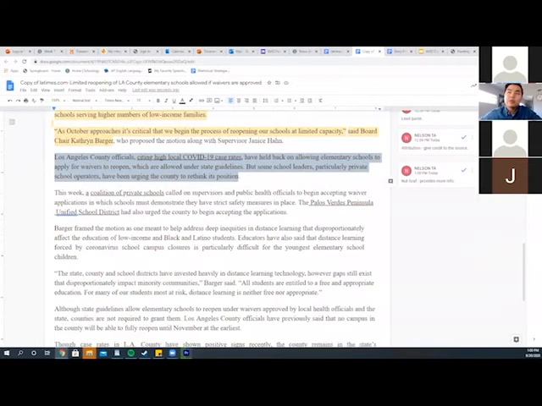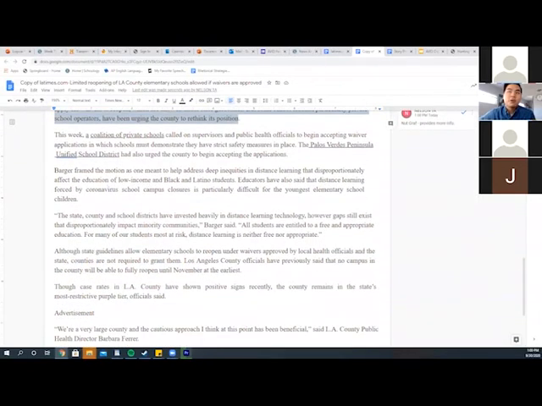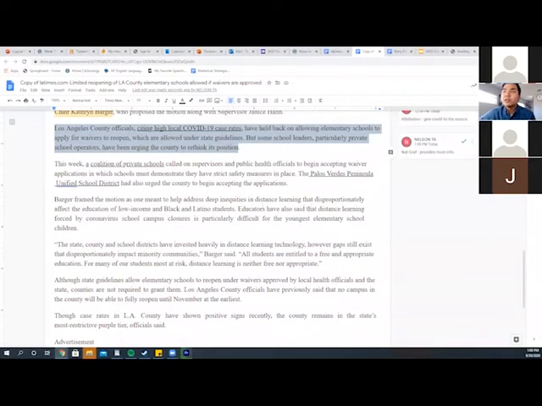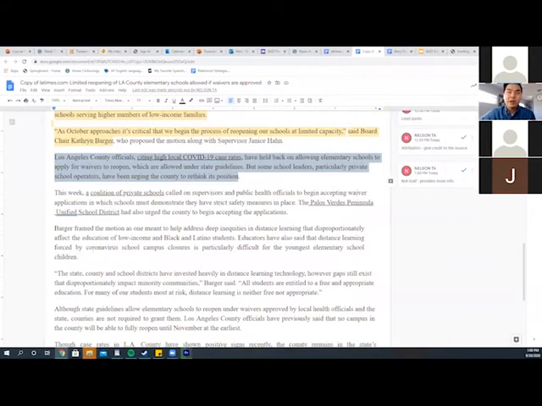This week, a coalition of private schools called on supervisors and public health officials to begin accepting waiver applications in which schools must demonstrate they have strict safety measures in place. The Palos Verdes Peninsula Unified School District has urged the county to begin accepting applications. Barger framed the motion as one meant to help address deep inequities in distance learning that disproportionately affect the education of low-income and Black and Latino students. Educators have also said that distance learning forced by coronavirus school campus closures is particularly difficult for the youngest elementary school children.